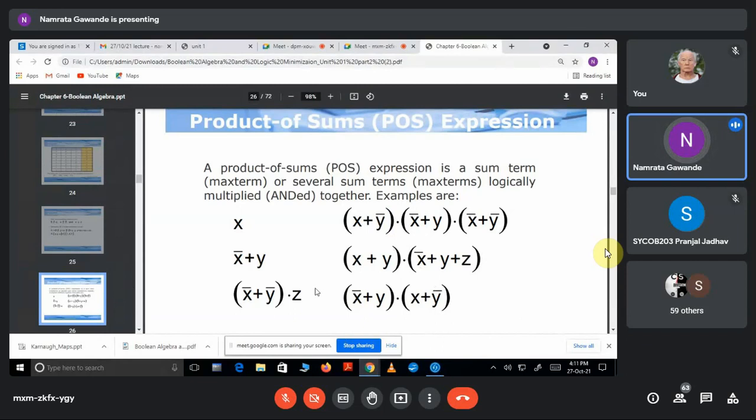Have you understood how the SOP expression is, and the examples of SOP and POS expressions? Have you understood this part, students? What does a POS expression actually indicate? Okay, I will give you a few examples. You have to tell me whether it is an SOP or POS form.